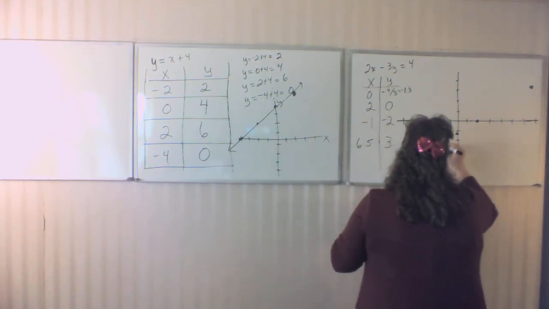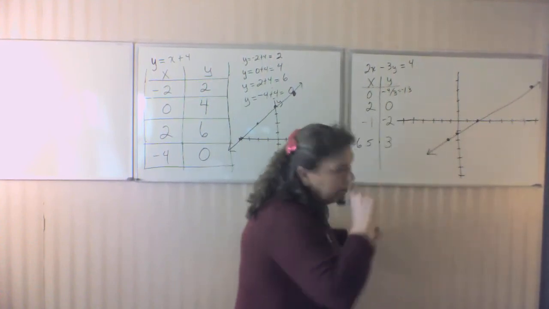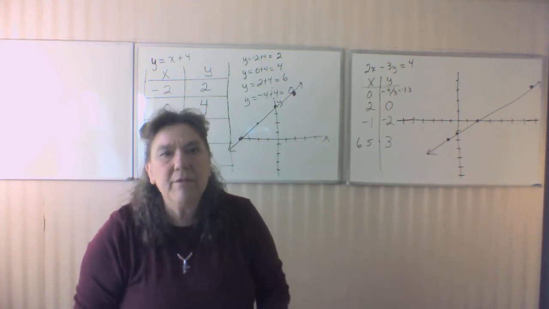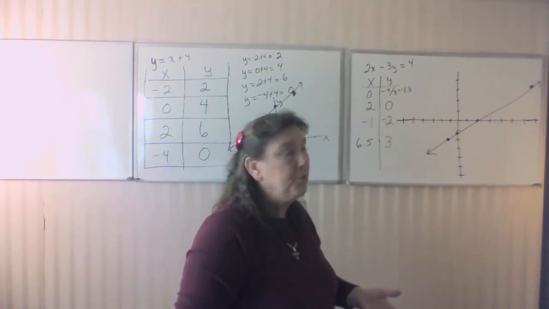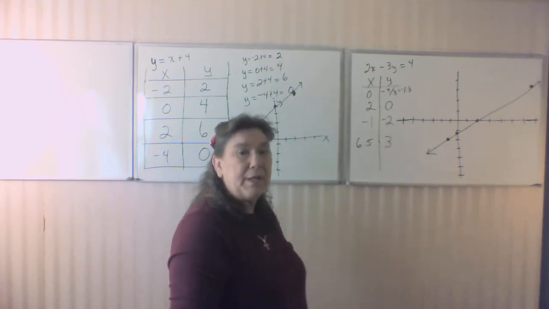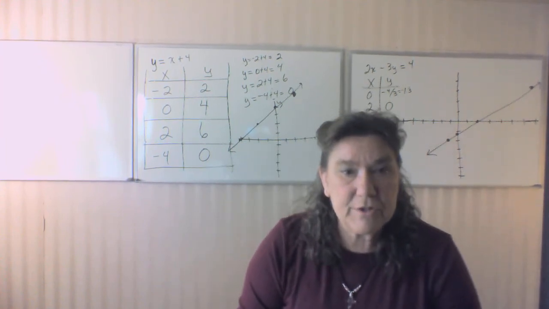Okay, and now draw your line. So there we are, 2 different ways to graph: graphing by points that are given to you, and then building your points from the equation. And that is the end of the first assignment.